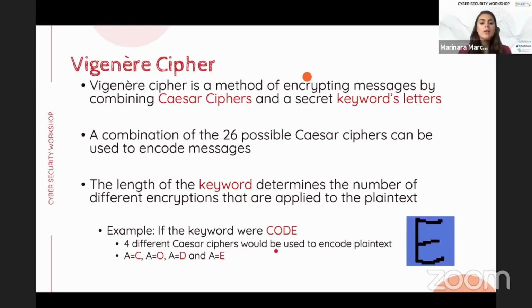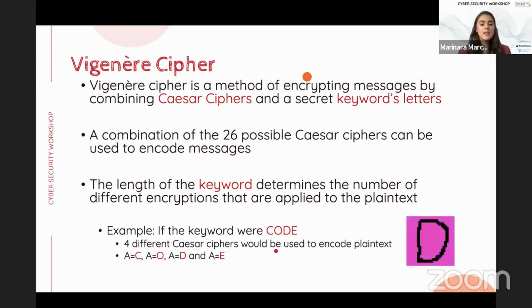So as an example, if our keyword were code, we'd be encrypting our message with 4 different Caesar ciphers. We would be encrypting it with A equals C first, and then A equals O, and then A equals D, and then A equals C. We can use the Caesar cipher, this one here, to encode it, but then we'd be moving it around, if that makes sense.